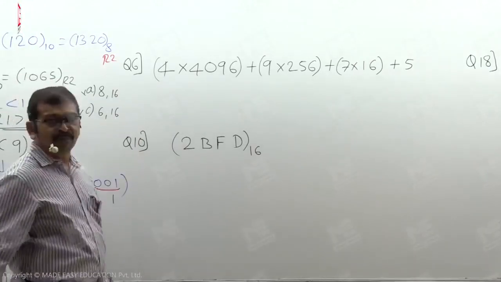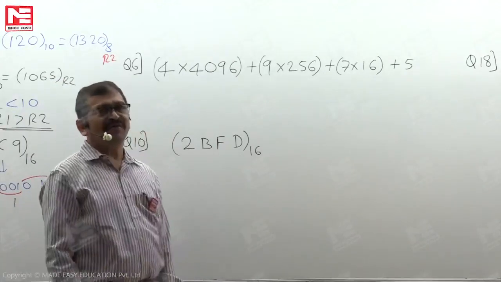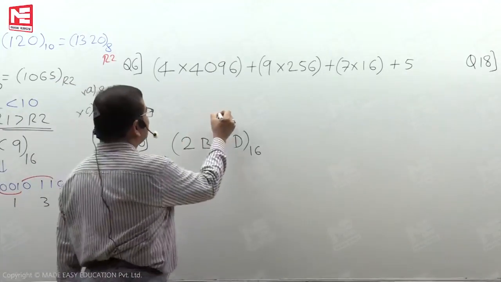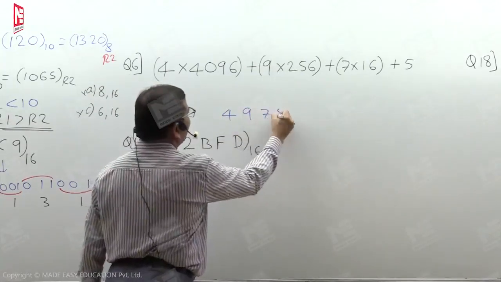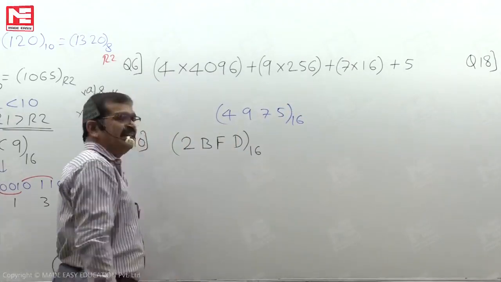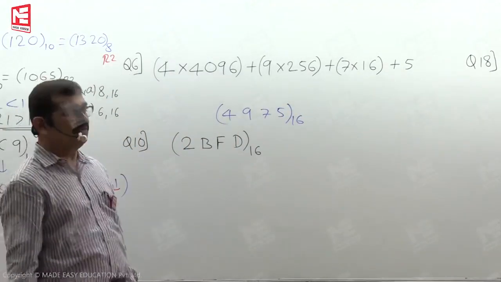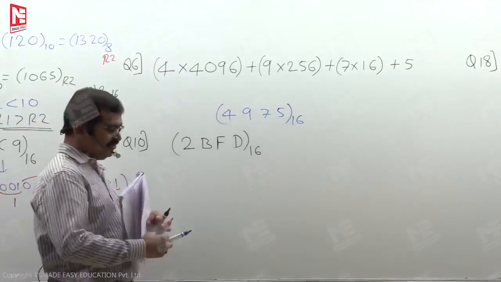While looking at this, we are supposed to get an idea that it is a hexadecimal number. It is the hexadecimal number 4975 with the base of 16. How do we say this?